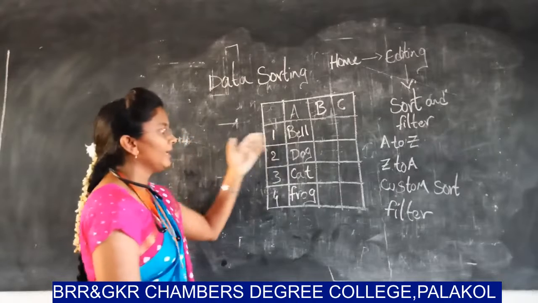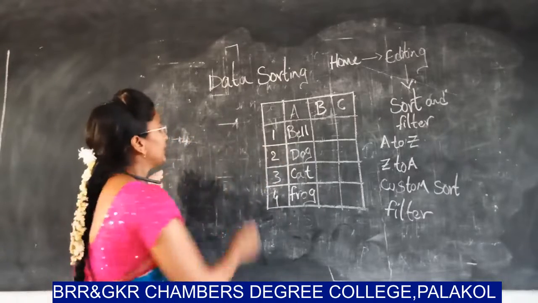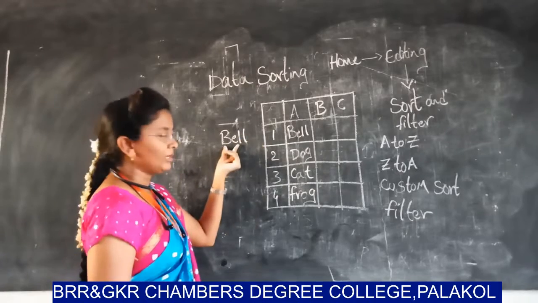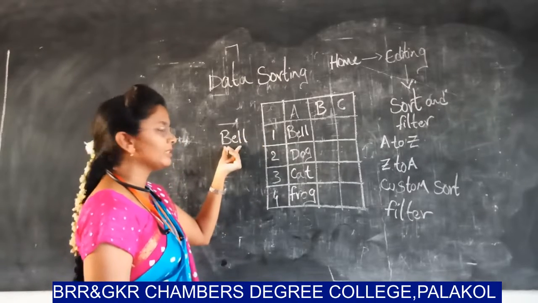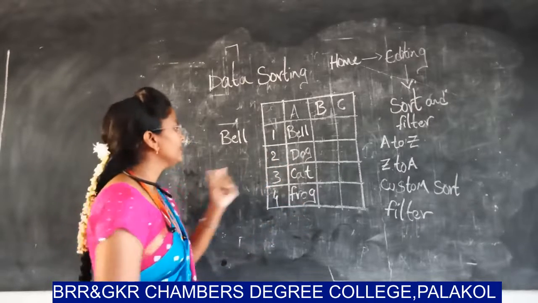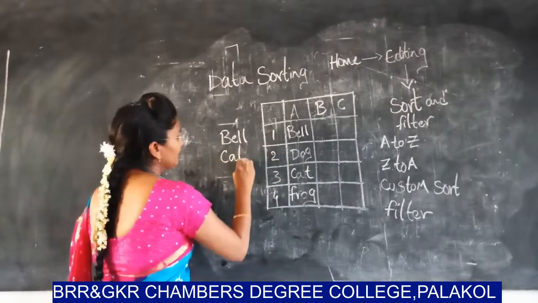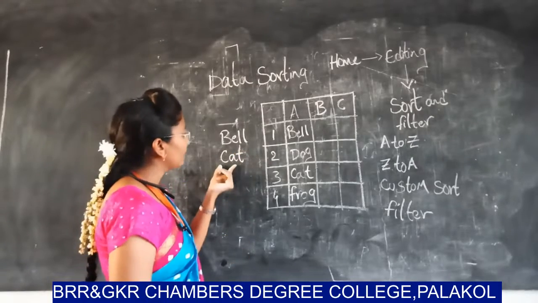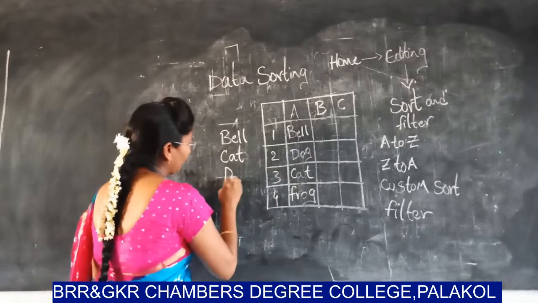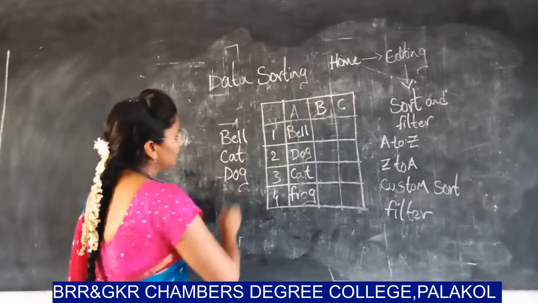First, A is not available here, so check the next one. The next alphabet is B. Here it will be placed at the first position. Next checking A, C, that means C is taken at the second position. After C, it is checking for D, and D is there, so it is taken at the third position.